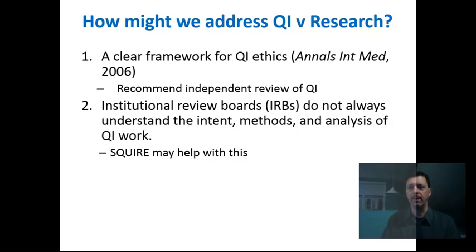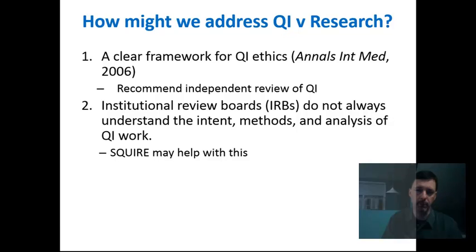So how might we address this question of QI versus research? In 2006, a clear framework for quality improvement was proposed, and one of their recommendations was for independent review of QI. Now, we know that institutional review boards, ethics review boards, do not always understand the intent, the methods, and the analysis of QI work.